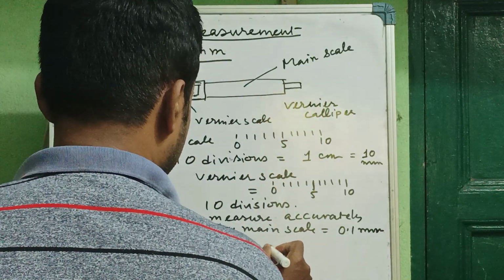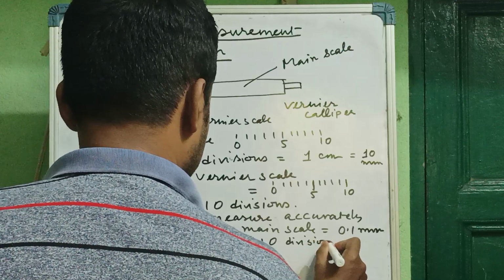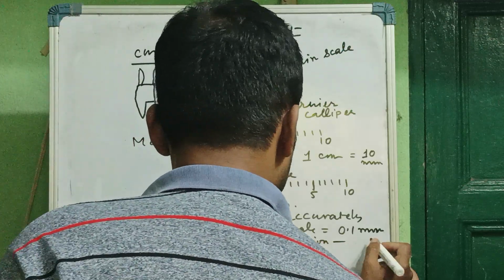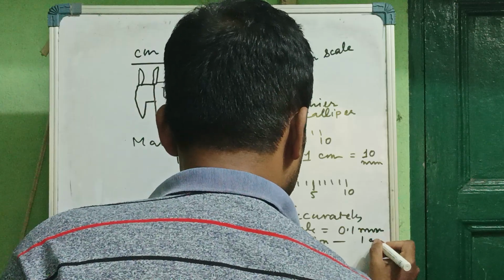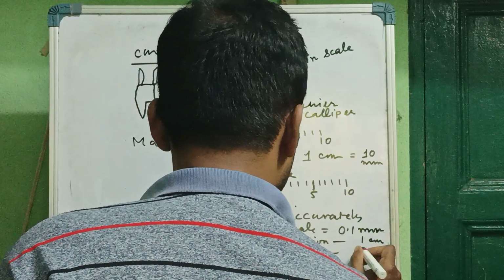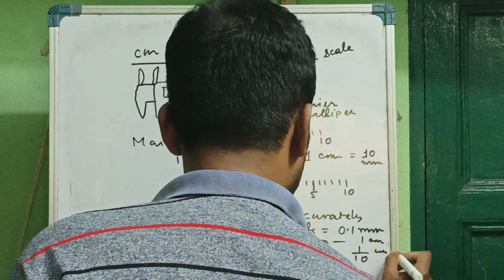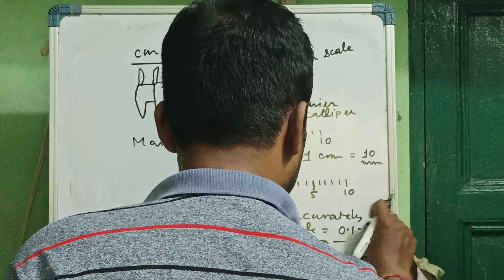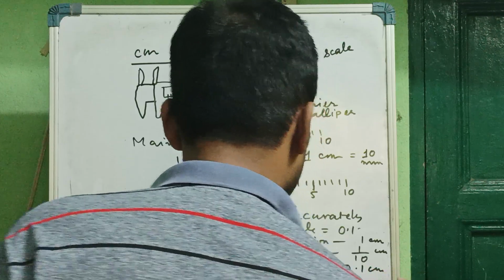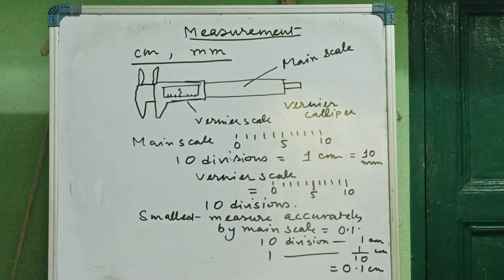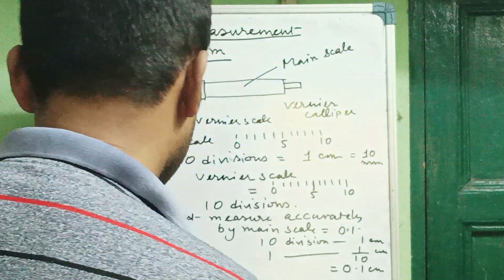Because there are 10 divisions equal to 1 centimeter, so 1 division equals 1 by 10 centimeter. Sorry, this is not millimeter. It is 1 by 10 centimeter, so 0.1 centimeter. The main scale can accurately measure 0.1 centimeter.